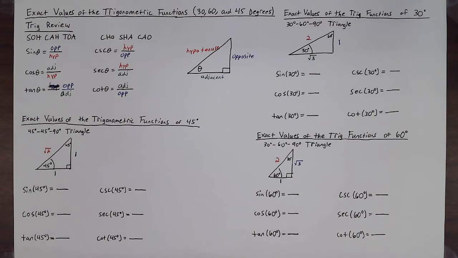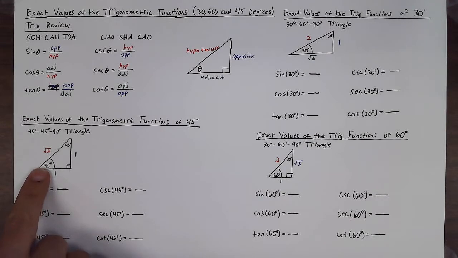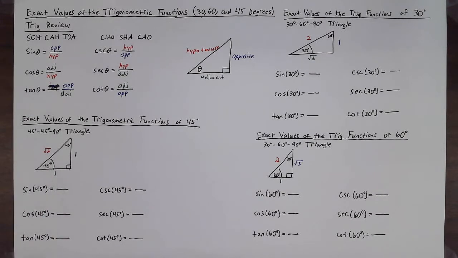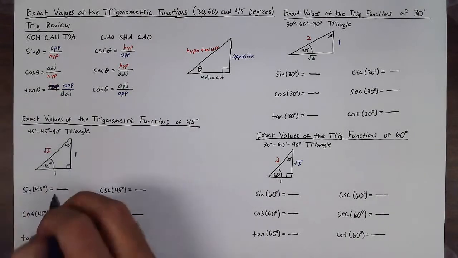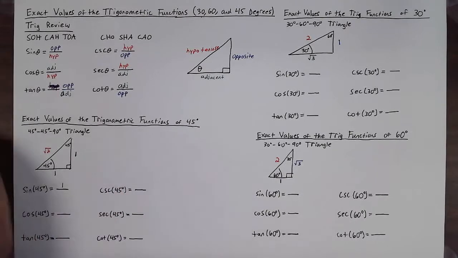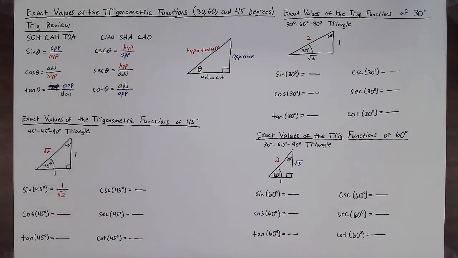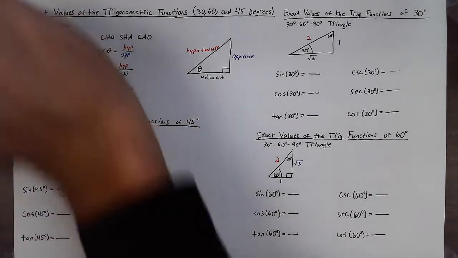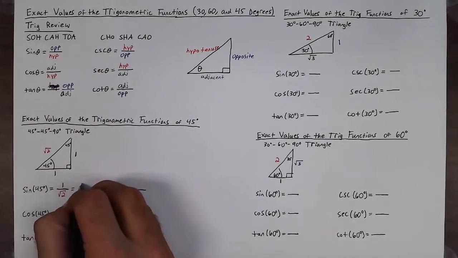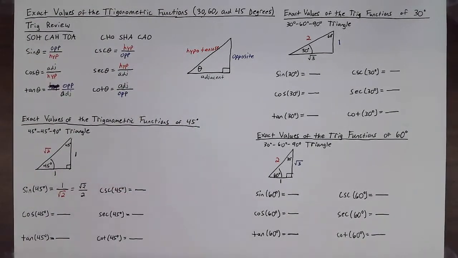But now knowing this, the sine, let's look at this 45-degree angle, would be opposite over hypotenuse. So the opposite side would be 1, and the hypotenuse would be the square root of 2. And if I were to rationalize my denominator by multiplying the top and the bottom of the fraction by the square root of 2, I would get the square root of 2 over 2, which is the exact value of sine of 45 degrees.